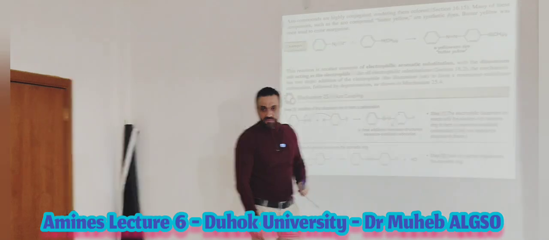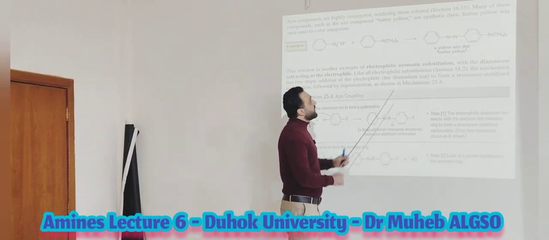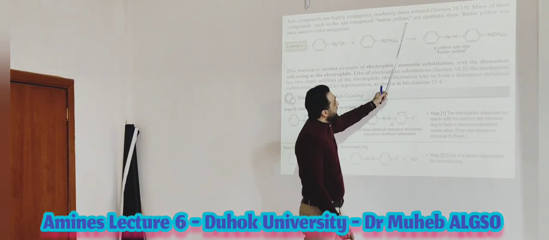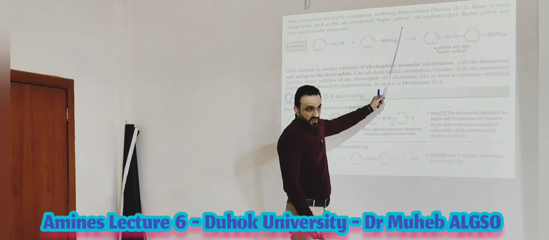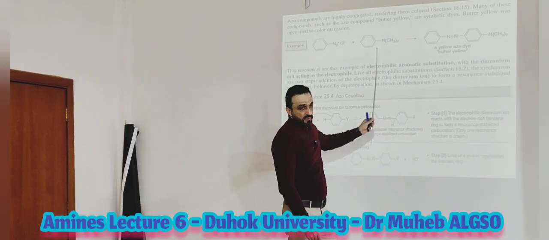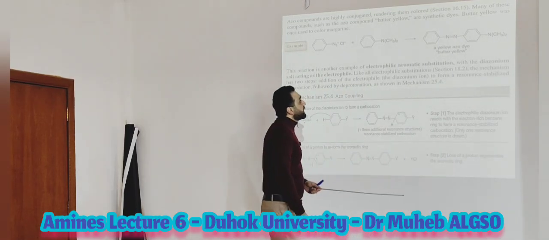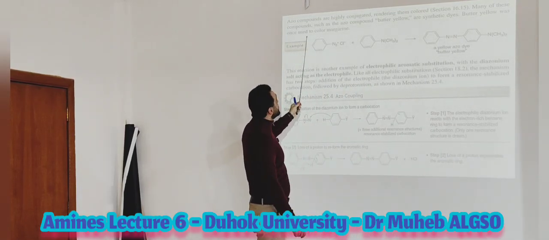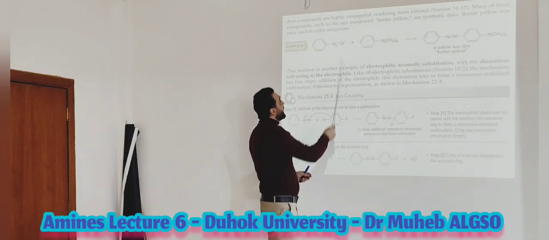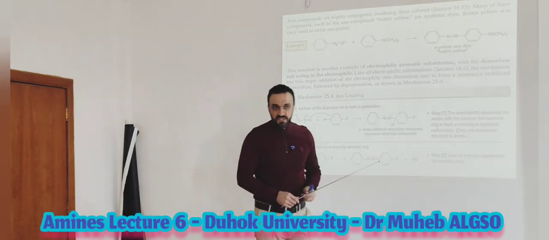So our synthetic dyes, these industrial dyes, are synthesized from what? From diazonium salt coupling. Butter yellow was once used to color the margarine. You know what margarine means, yes?